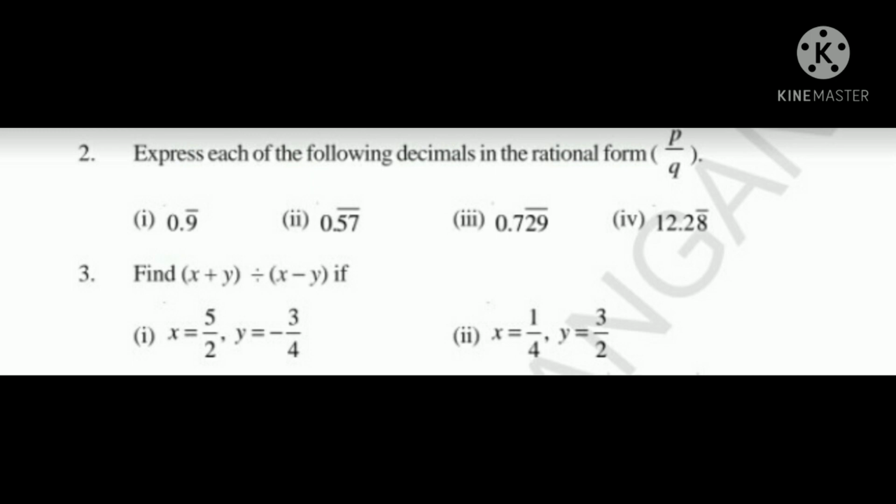In the second question, they said to express each of the following decimals in the rational form p by q.